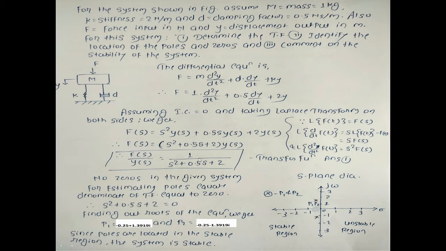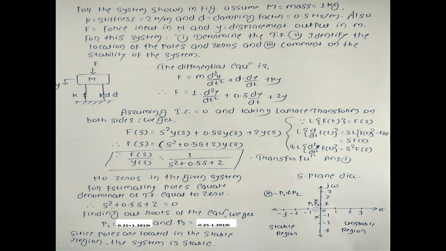Since there are no zeros involved for this particular system, for estimating the poles we have to equate the denominator of the transfer function to 0, so that the transfer function will become infinite. Once we equate the denominator to 0, we can find the roots.